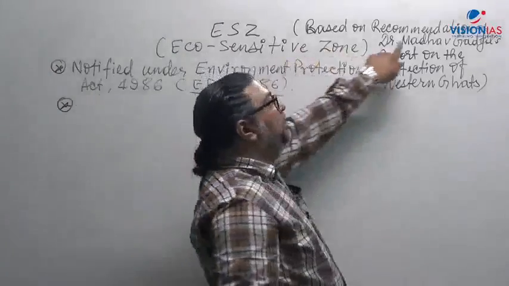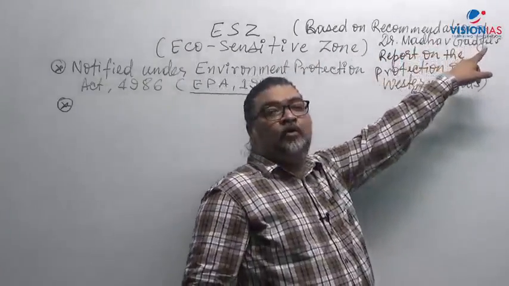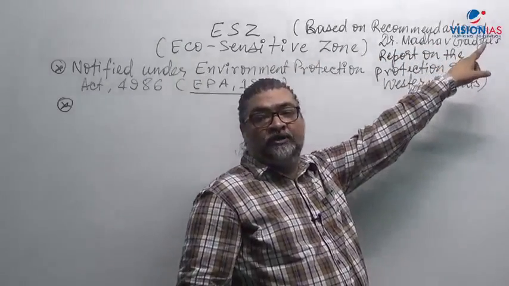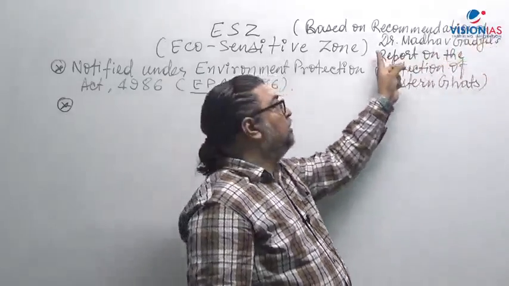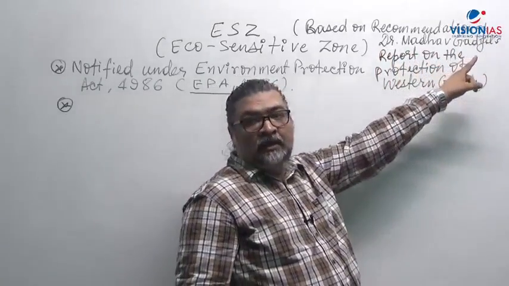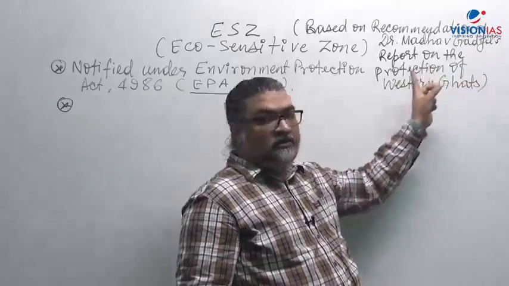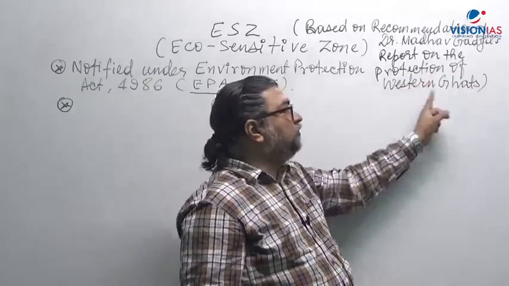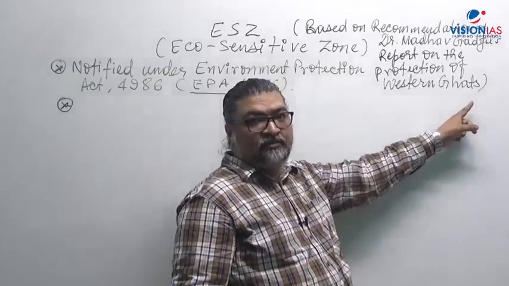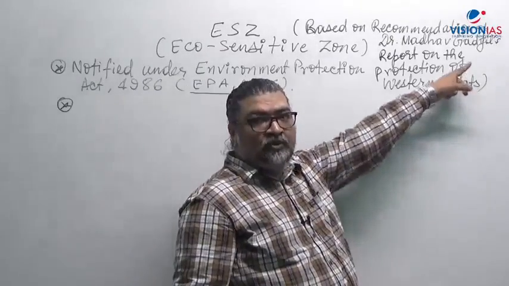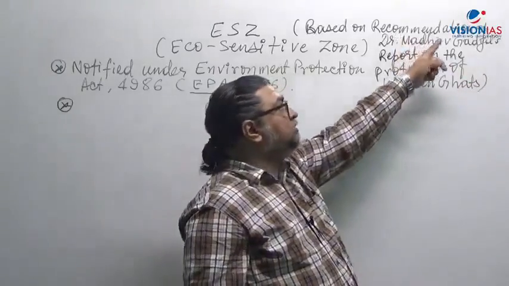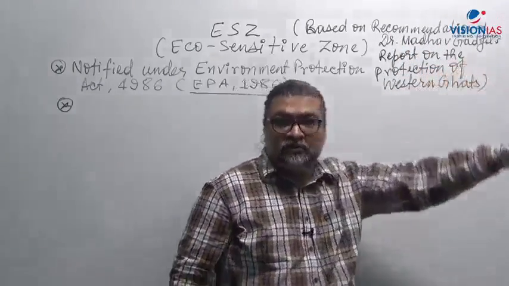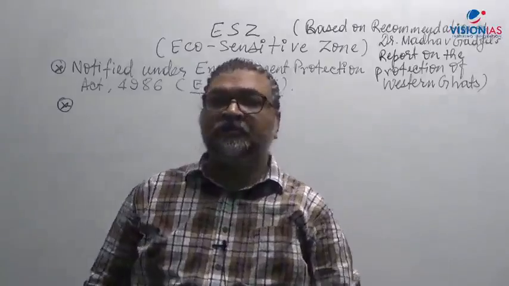I have written here "based on recommendation of", but the logo is covering it, that's why you are not able to see that. It reads: recommendation of Dr. Madhav Gadgil's report on the protection of Western Ghats. Is it clear now? For those who cannot see what is after recommendation, I am reading that.